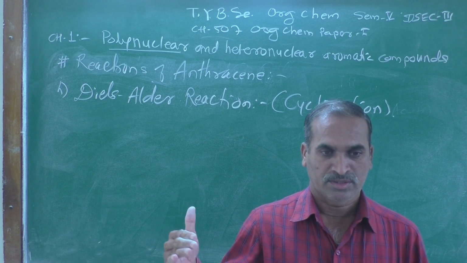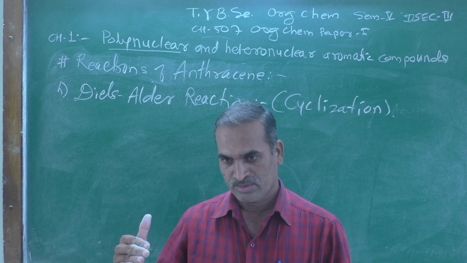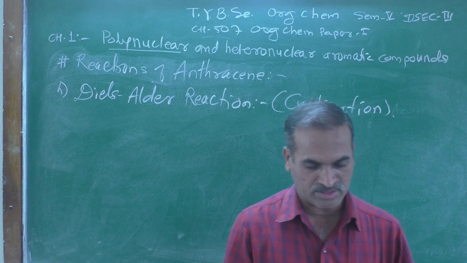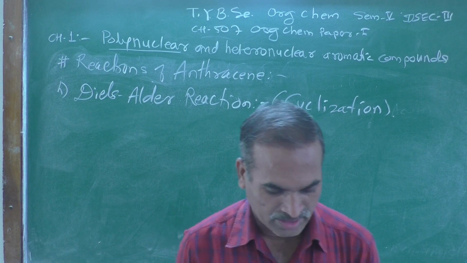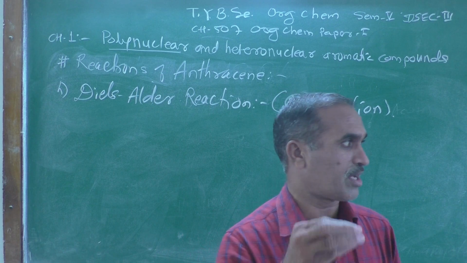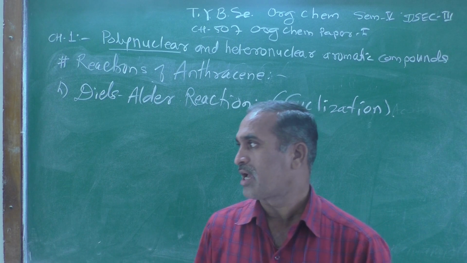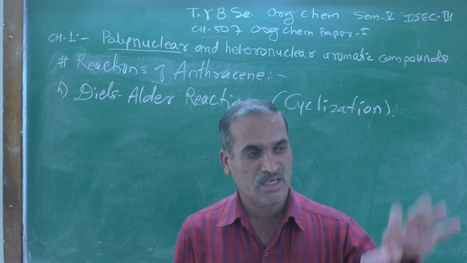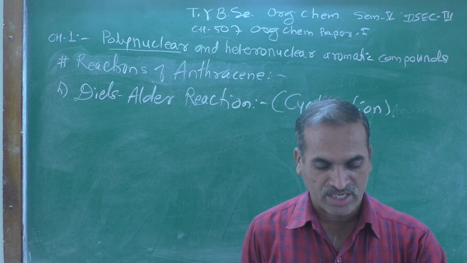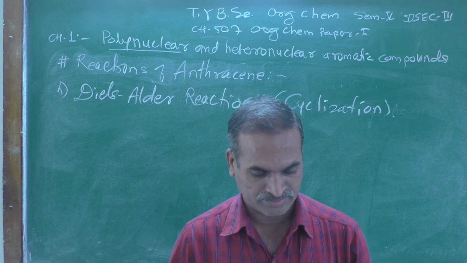Then the orbitals can approach and overlap with the same phases, and we get a cyclic product. That type of reaction is known as a Diels-Alder reaction. In cyclic compounds, the diene is always present in the cis form, and therefore the rate of reaction is tremendously increased.